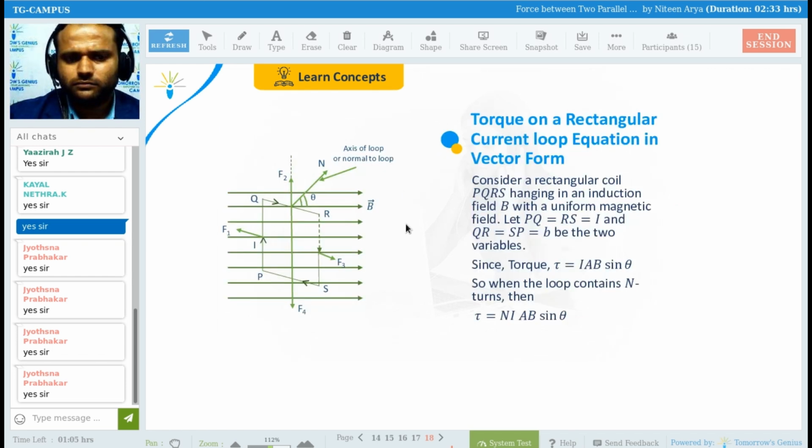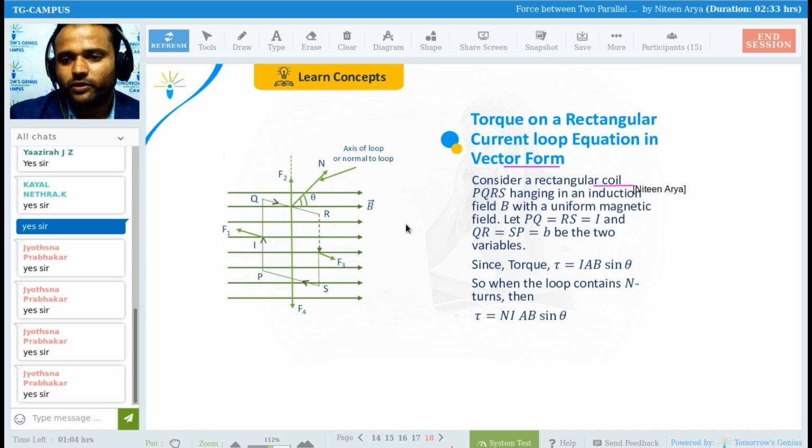This is the concept. I already did that, but diagrammatically. Now, torque on a rectangular current loop, equation in vector form. The vector form is nothing, you can say, that changes.